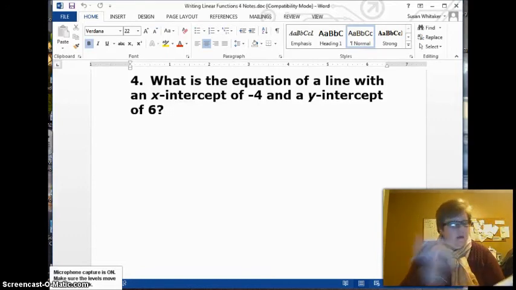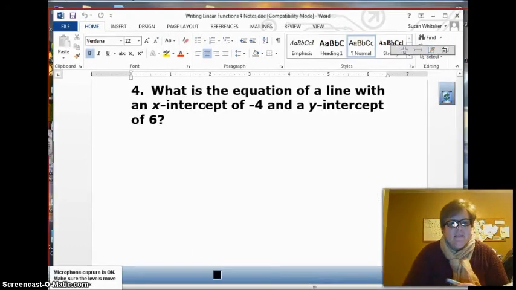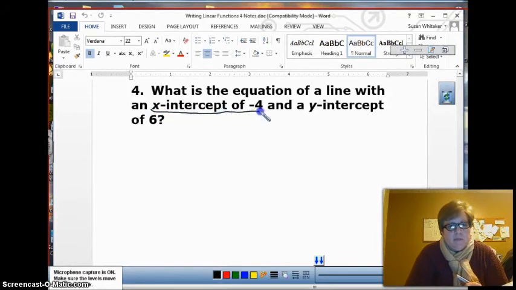Oh yeah! The x-intercept is a point, isn't it? It's where this is located on the x-axis. So everything on the x-axis has an x value, but its y value is 0. And y-intercept is on the y-axis, and it's got an x value of 0 and a y value of some number, in this case 6.